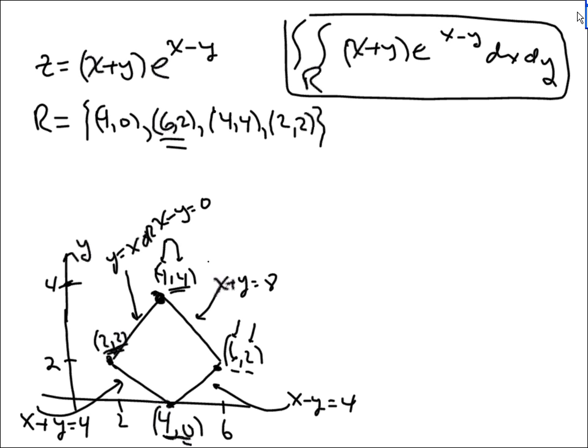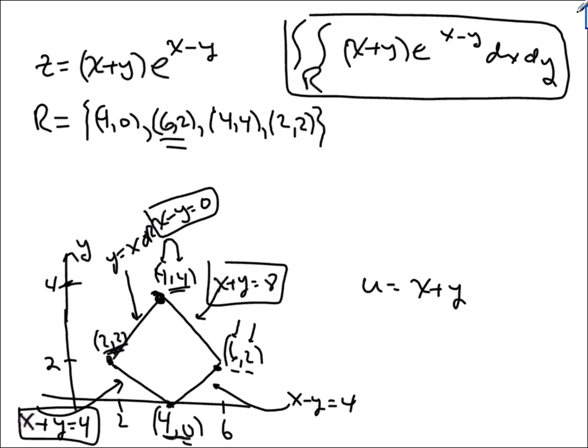Okay. I have x plus y, x plus y. How about we let u equal x plus y? Not because we've done that in the past, but because it came up. x minus y, x minus y. Let v equal x minus y.